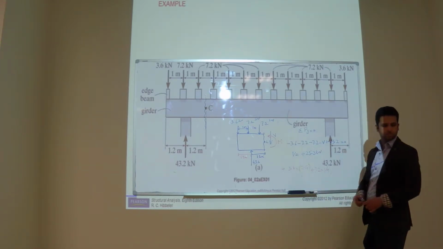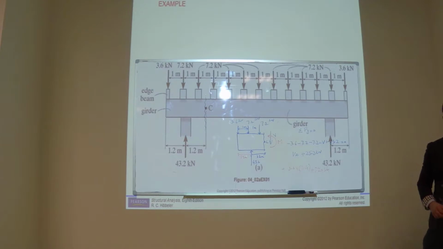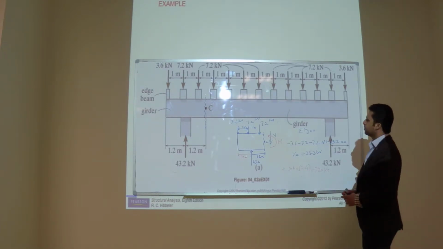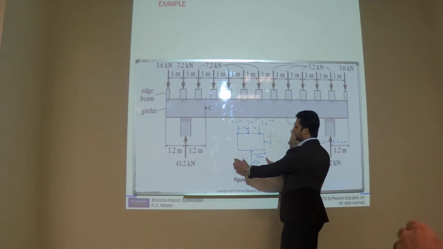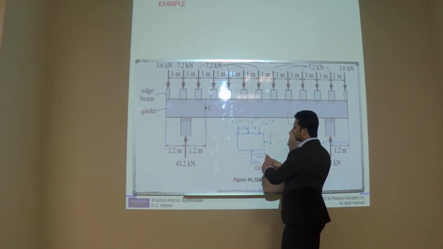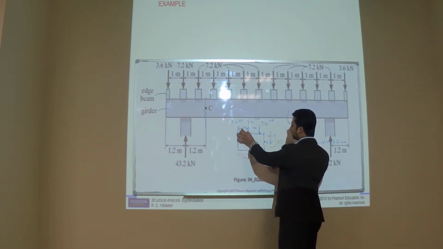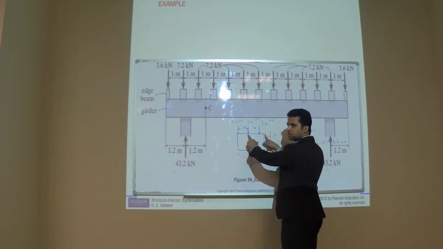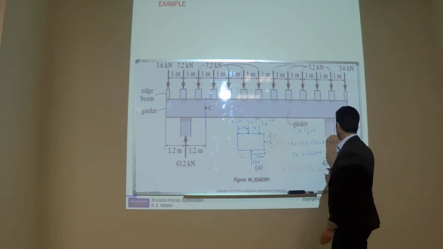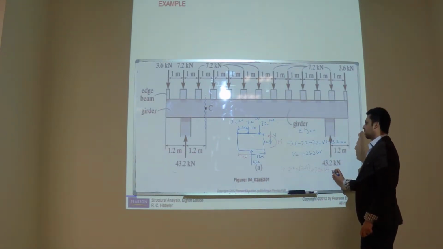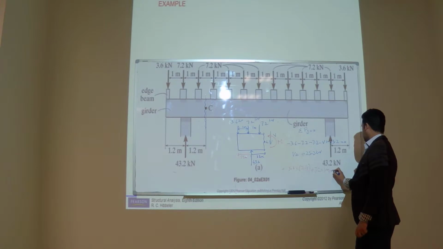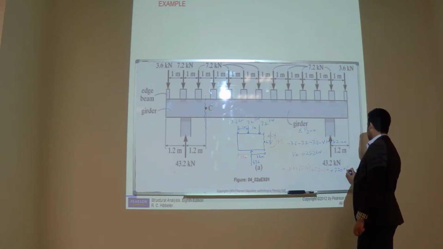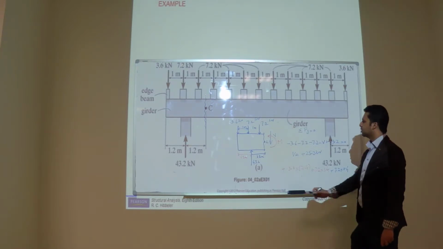Plus. How do we get the distance? See, this distance is given 1.2, 1.2. For the 3.6, this distance is 1. So this distance will be 2.4 minus 1, 1.4. Oh, okay. Plus 3.2 into 0.4. And what about this force?